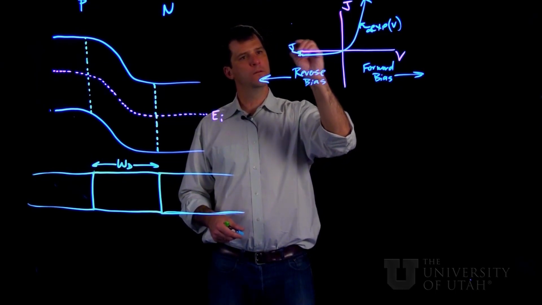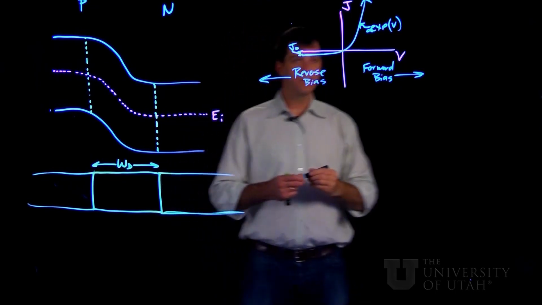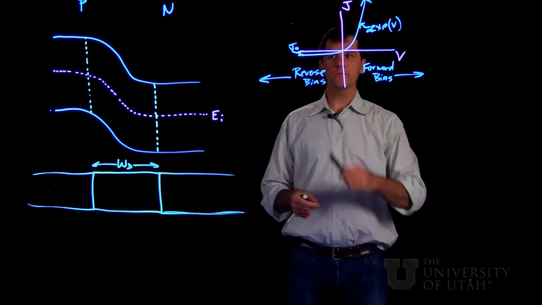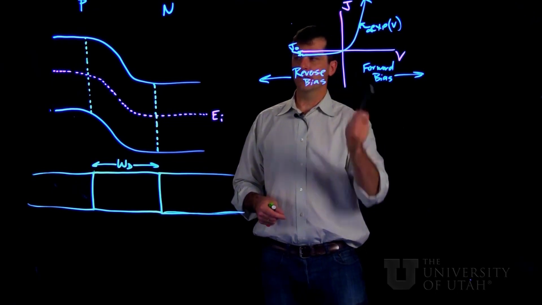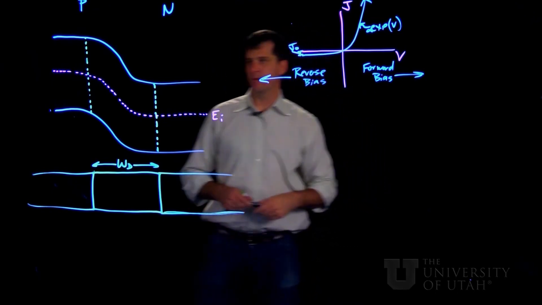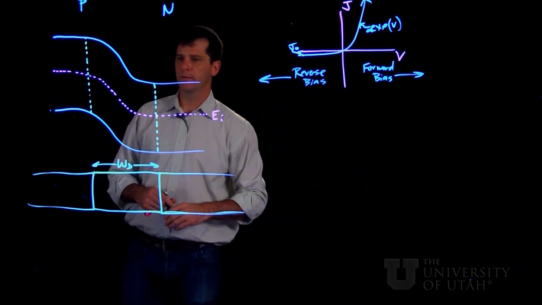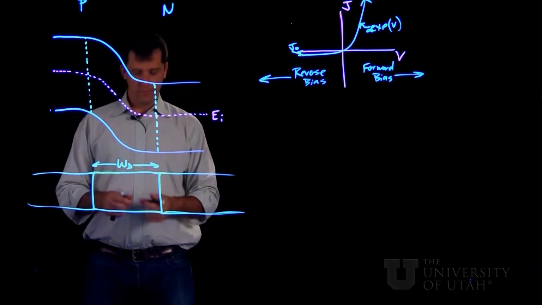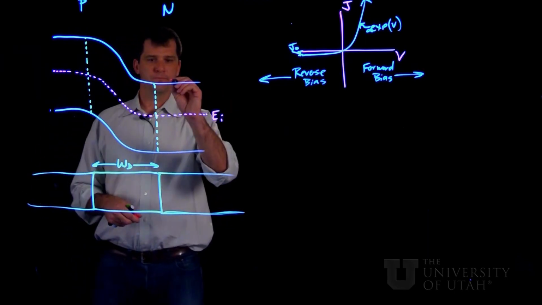So what we want to do in this section is figure out the functional form for the diode current and relate it back to microscopic mechanisms inside of the diode. So first, let's look at this qualitatively.